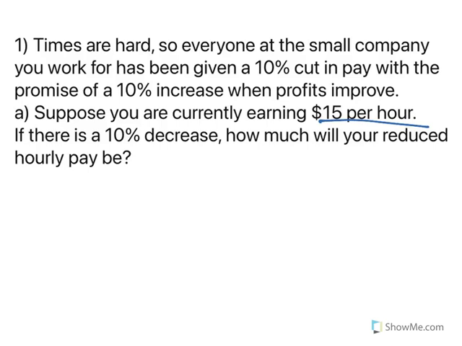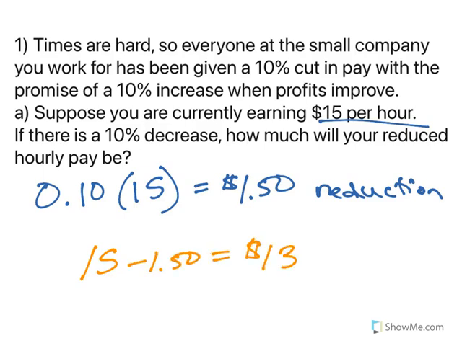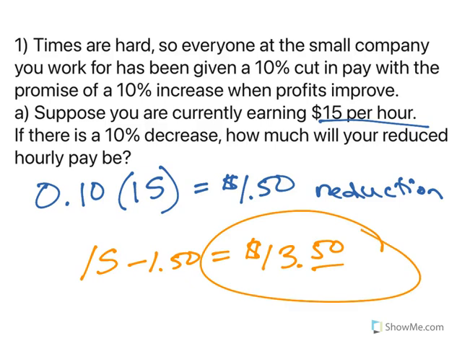A couple different ways we can do this, but if I say, okay, a 10% decrease, well, what is 10% of $15? Well, that's a $1.50 reduction. So I was earning $15 an hour, we're taking away $1.50, my new hourly rate is $13.50 per hour.